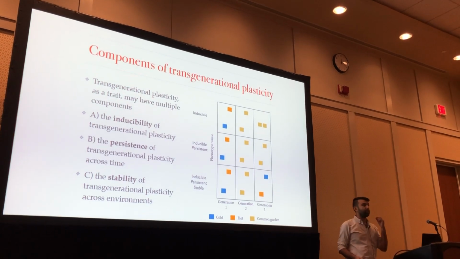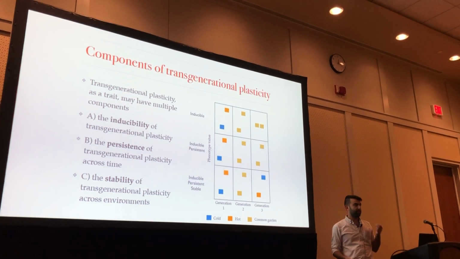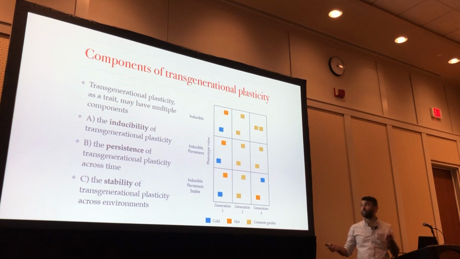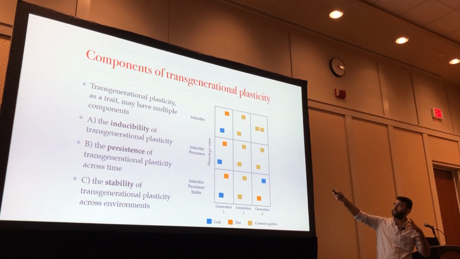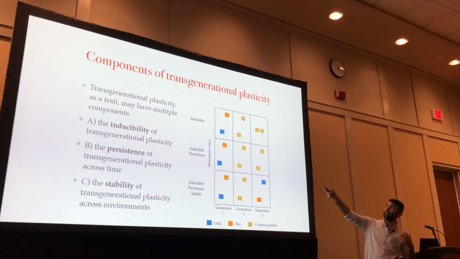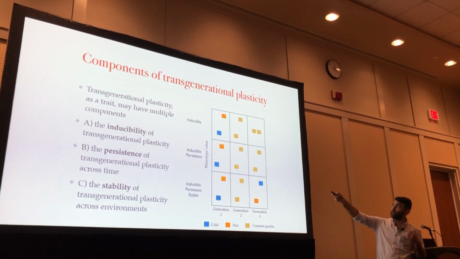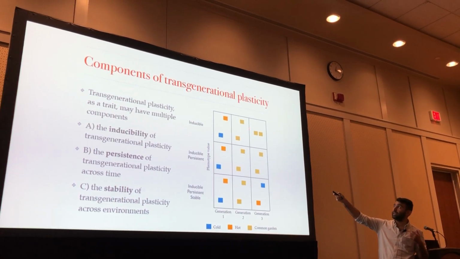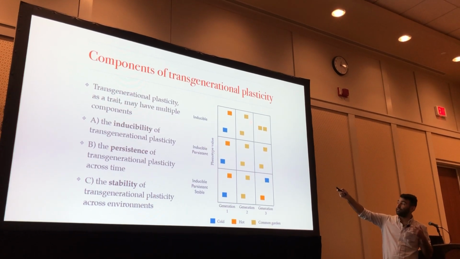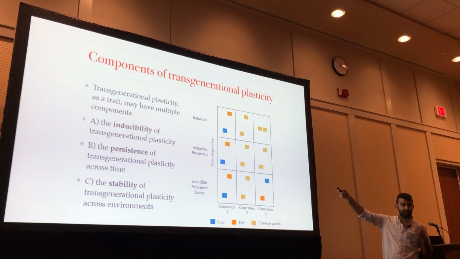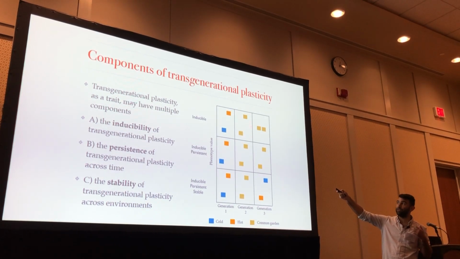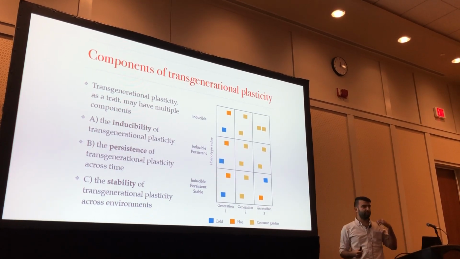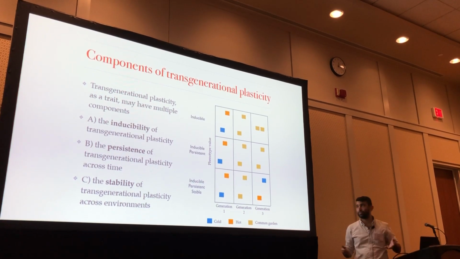Okay, so as I mentioned, there are these components of transgenerational plasticity that are kind of set up by our predictions of what we might see. So we kind of thought about how transgenerational plasticity might manifest. So in this first scenario, we exposed the first generation to two different environments. And regardless of the next generation's environment, we still see a difference between the phenotypes based on the parent environment. We might think of that as transgenerational plasticity that's able to be induced.